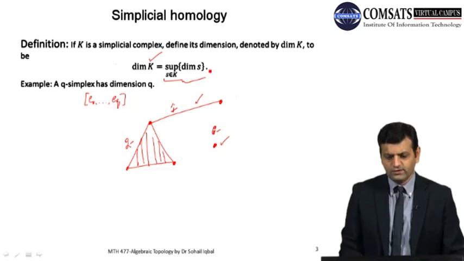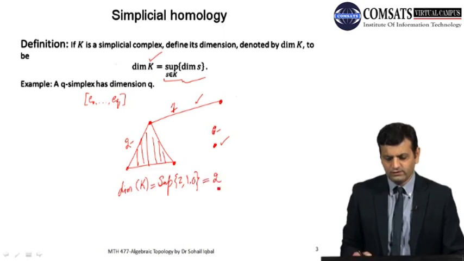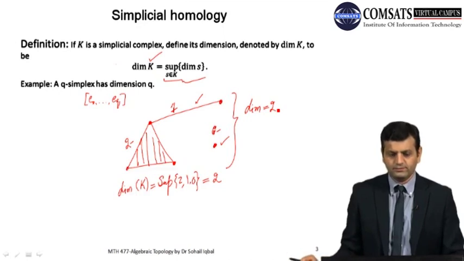According to this definition, the dimension of K is equal to the supremum of the dimensions of the simplices S. The dimension of this is 2, of this is 1, and of this is 0. So the supremum is 2, and we can say that the dimension of this simplicial complex is 2.